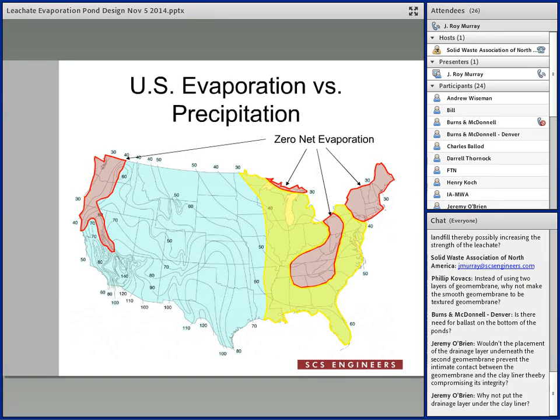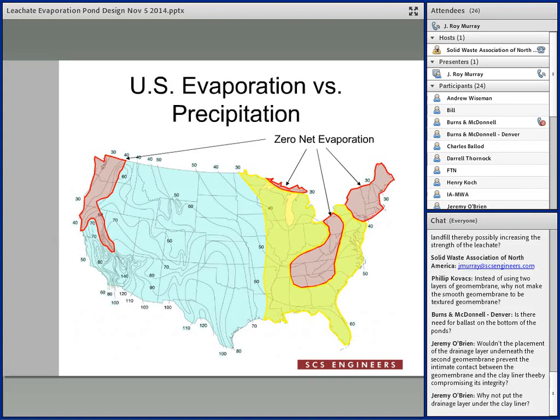We originally proposed it below the clay liner, but the regulator was concerned that if you got a leak, you didn't have anything to contain it below that.